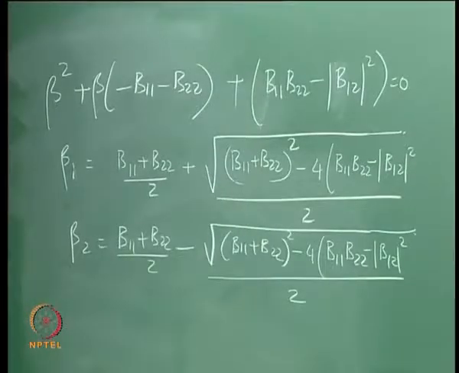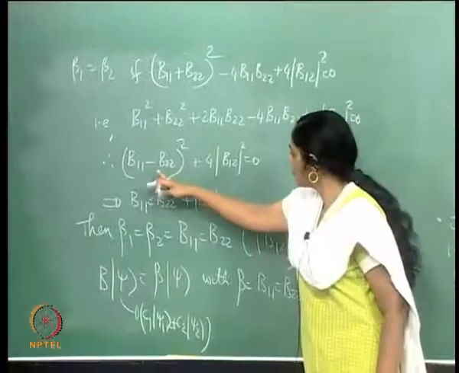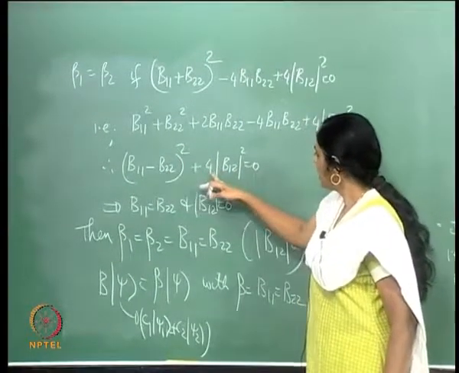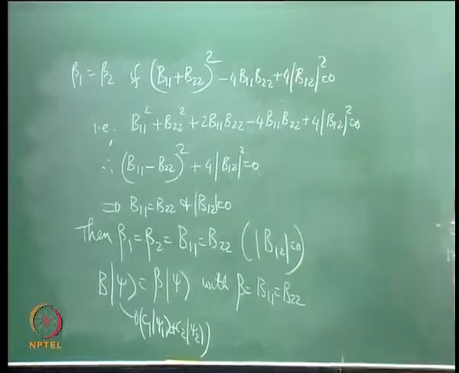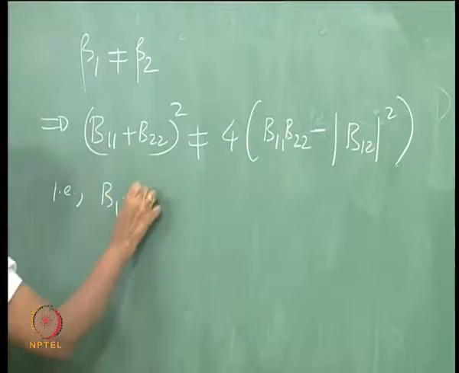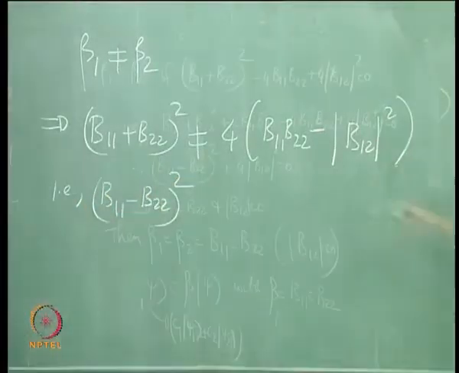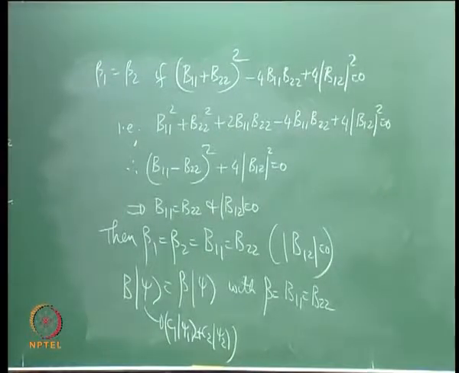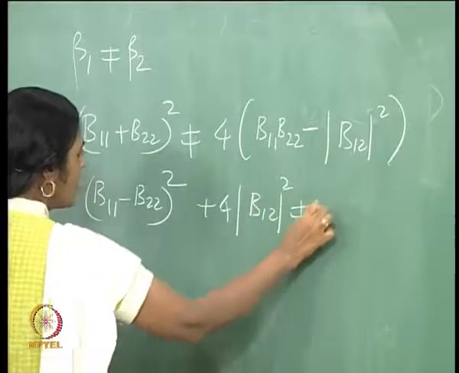As you can see, this simplified, if this were equal, it simplified to B11 minus B22 the whole squared plus 4 modulus of B12 the whole squared equal to 0. So, we are essentially saying B11 minus B22 the whole squared plus 4 modulus of B12 the whole squared is not equal to 0.